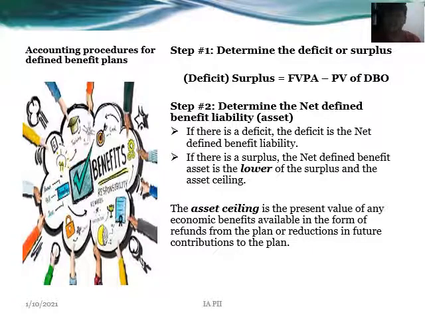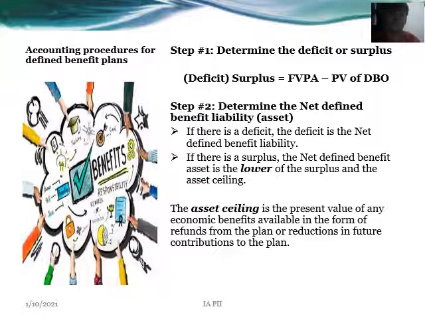The PV of DBO, present value of defined benefit obligation, is the accumulated liability of the company for the benefits earned by the employee to date. So since the inception of the plan until the current period, you need to recognize that as liability.